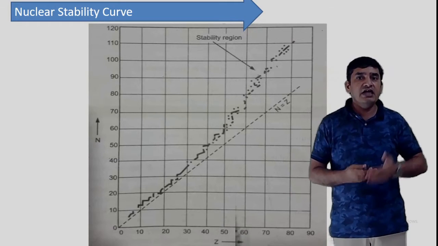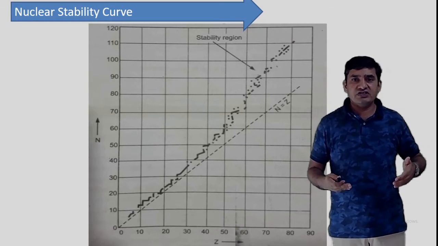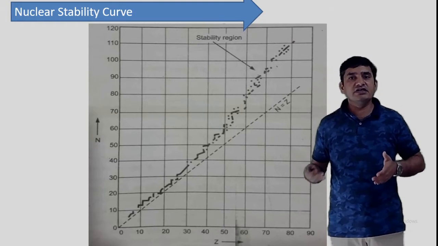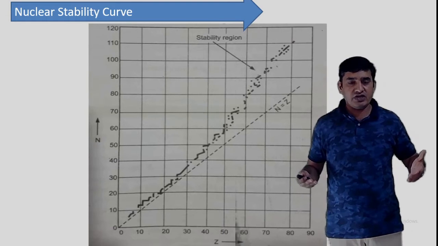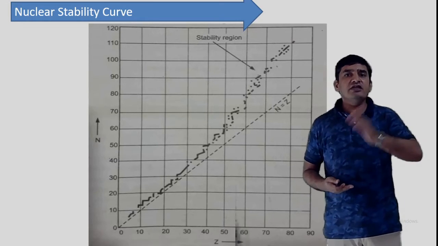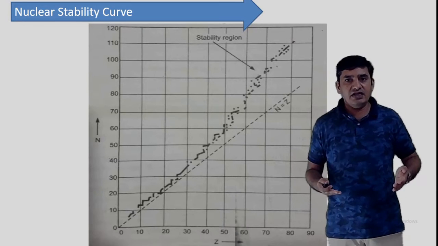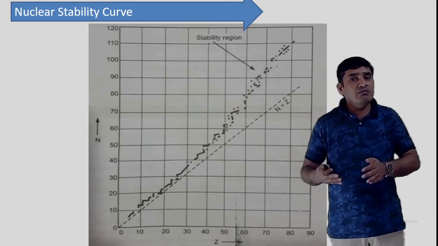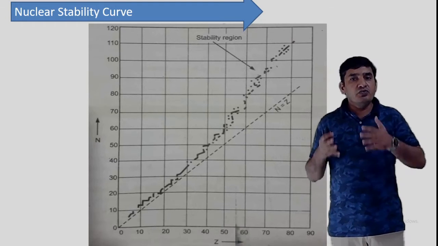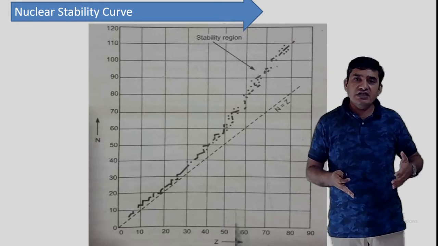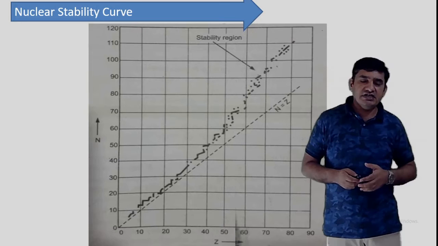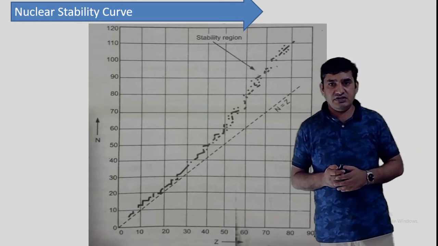When the number of neutrons is more than the number of protons, the Coulomb repulsive force is smaller than the nuclear force. But if the number of protons is more than the number of neutrons, then the Coulomb repulsive force is more than the nuclear force, which makes the nucleus unstable, and therefore we represent the stability region.